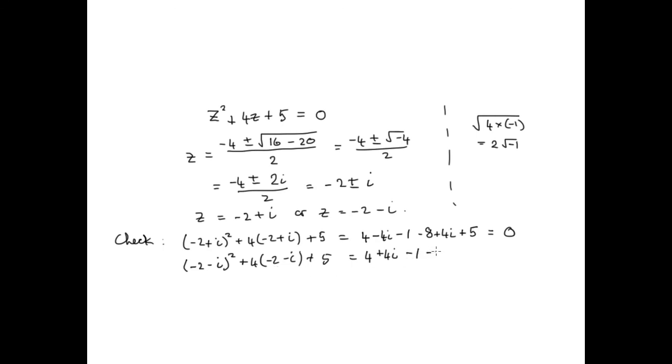And we get negative 8, however, not a plus 4i, we get a minus 4i this time. So everything's the same as before, except the imaginary terms are the negative of what we previously had. So 4 minus 1 is 3, minus 8 is minus 5, plus 5 is 0, and 4i minus 4i is 0 also. So these two complex numbers do satisfy this equation.